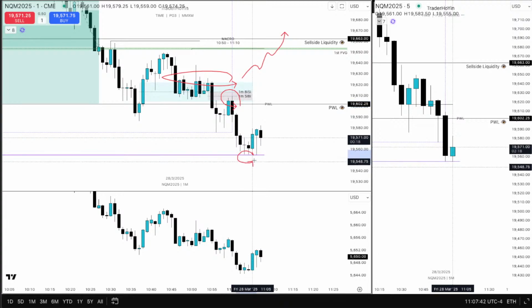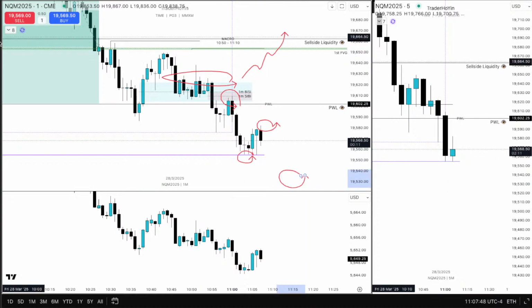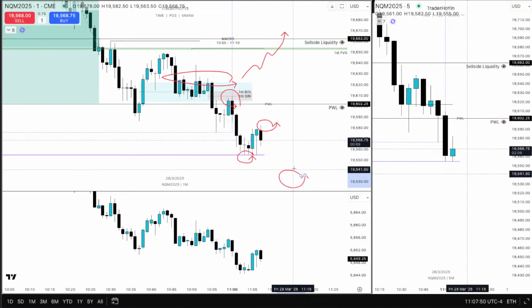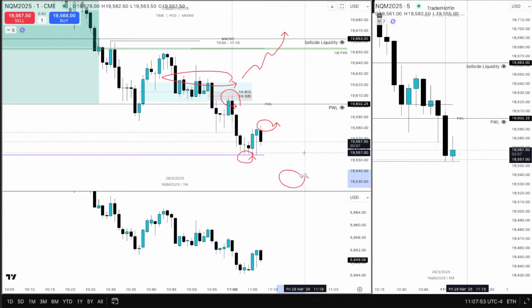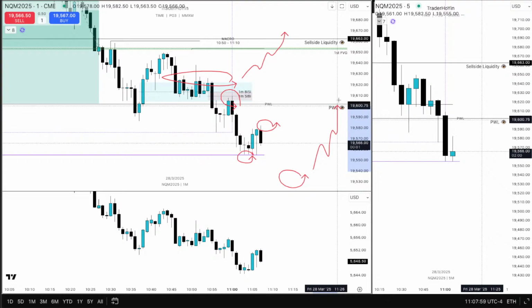High, lower low, then lower high, maybe another lower low, into the lunch macro 10, 11:30, and then work its way back up.